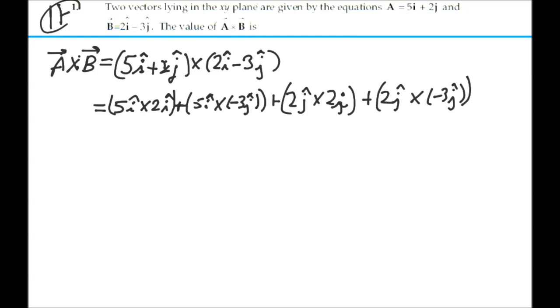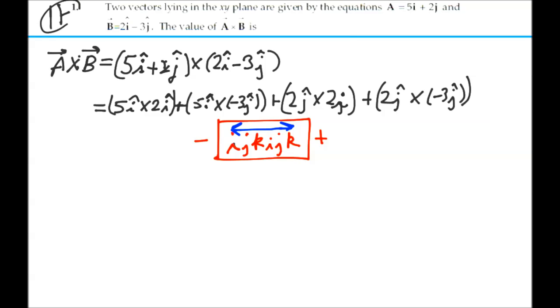If we use the mnemonic device where i, j, k, i, j, k, going to the right gives positive and going to the left gives negative. If we go to the right on this device, we end up with the next vector, positive.